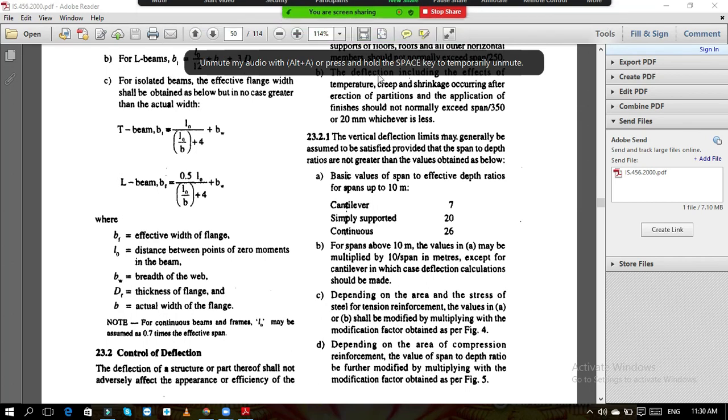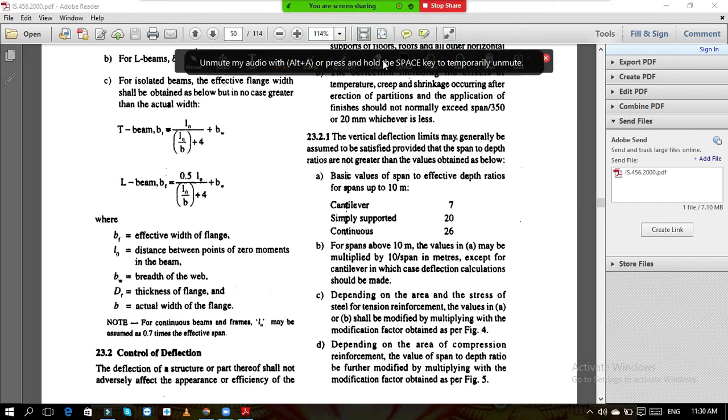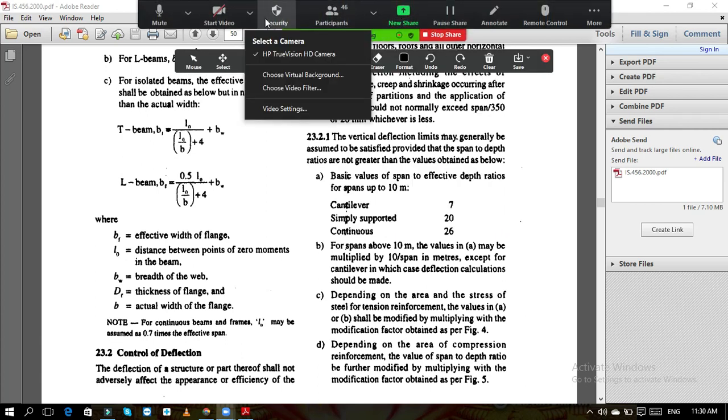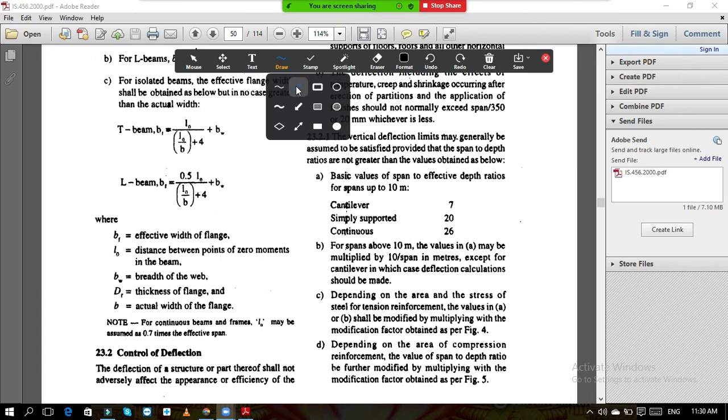Okay, so I was telling about the continuous slab, panel number 5. Again I will draw the same diagram, only panel number 5. This is your panel number 5. Here on this end the simple support is given.